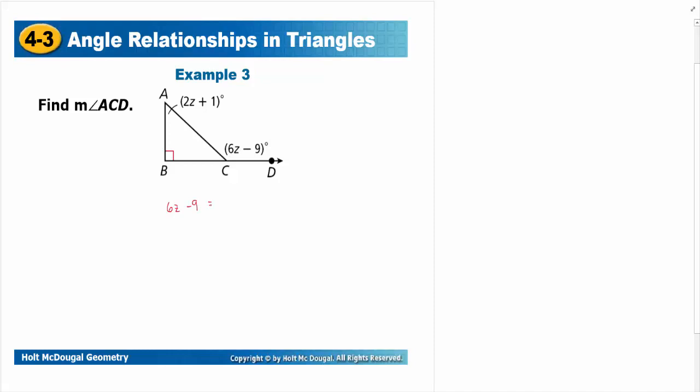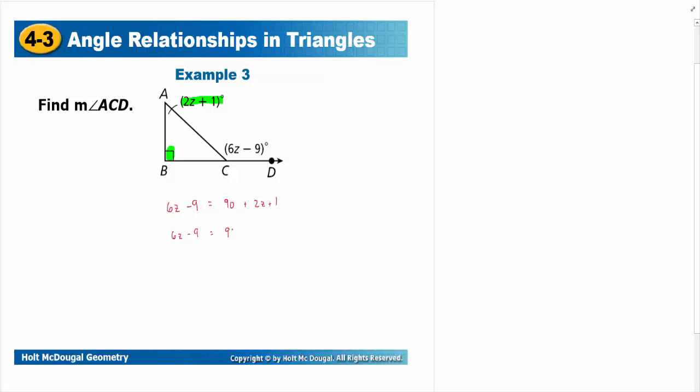Now it's going to equal my two non-adjacent interior angles, which is this angle right here, which is a right angle, and this angle right here. So these two are going to be equal to my exterior. So it's going to equal 90 plus 2z plus 1. So just a little bit of algebra. If you can use the theorem to set up your equation, you just got to do algebra from this point.